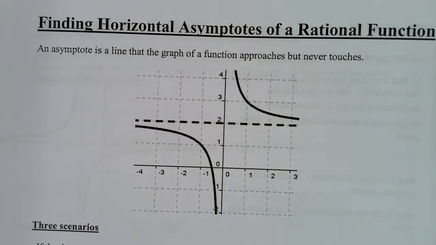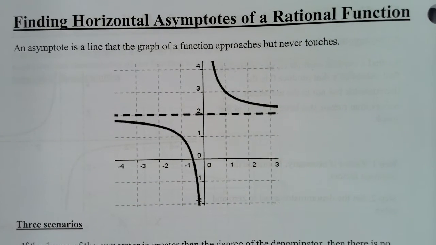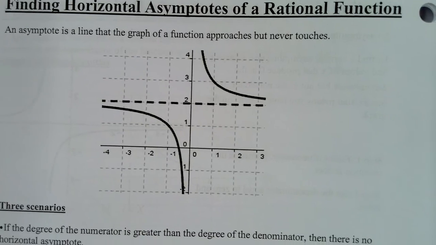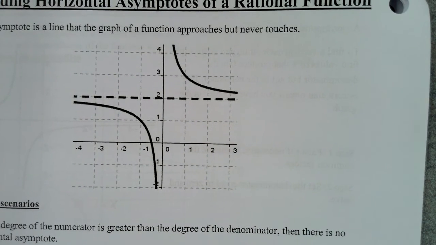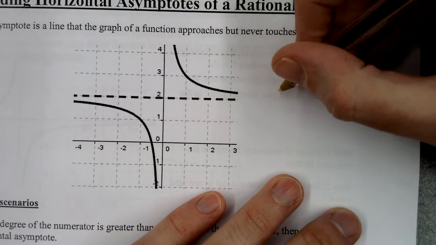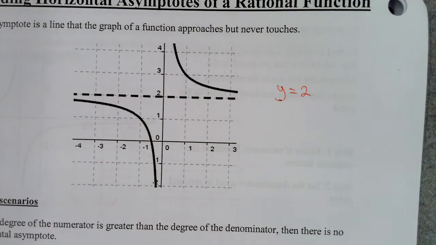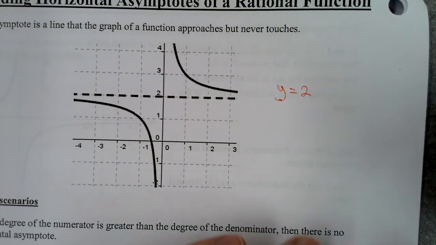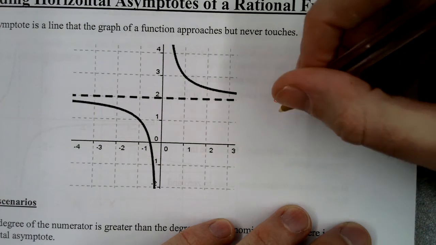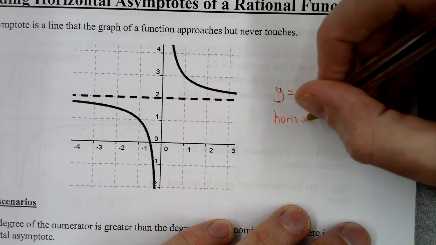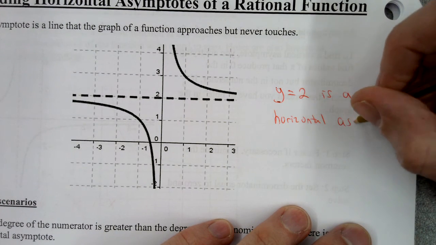An asymptote is a line that the graph of a function approaches but never touches. So in this diagram, y equals 2 is a horizontal asymptote. Okay, remember, it's y equals a number because it's a horizontal line.